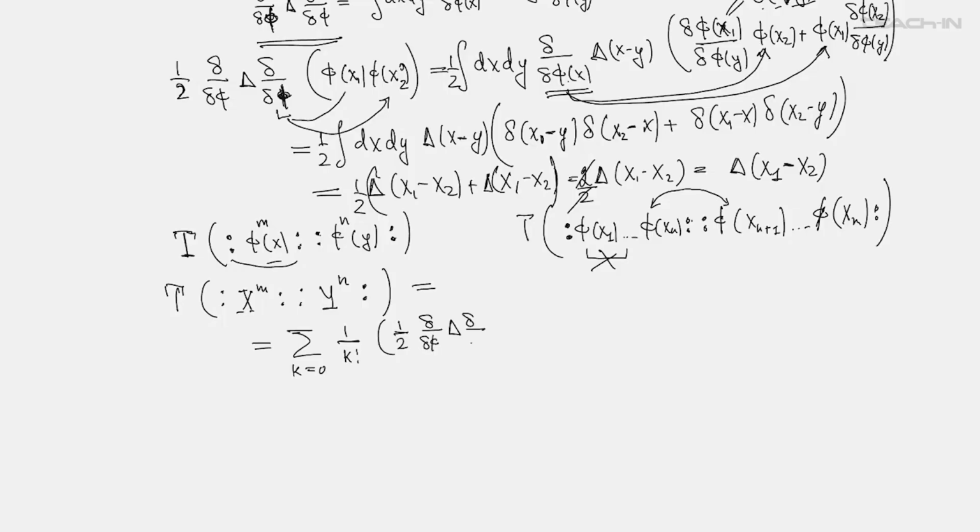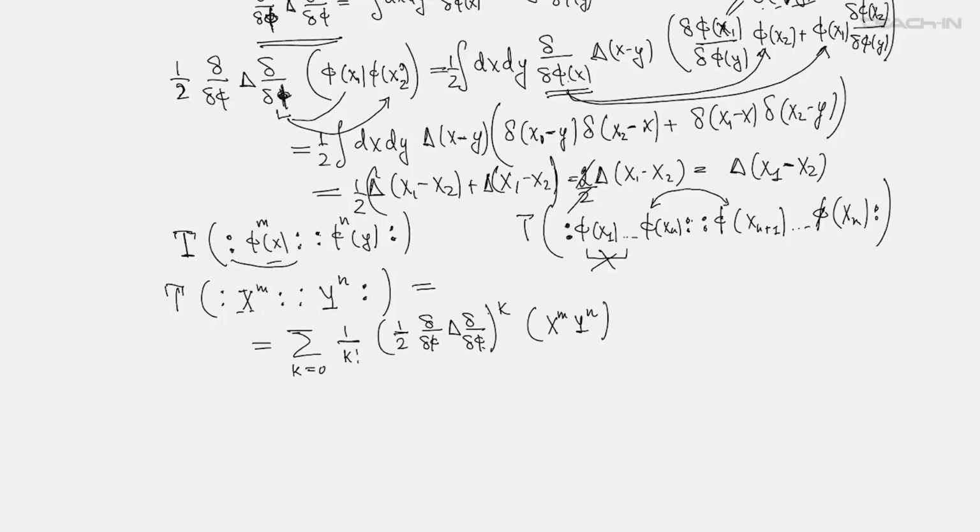And it's applied now to the classical product of these fields, X^m and Y^n. And I know that I don't need to apply this operator to two X's or to two Y's, because these fields are already under the sign of normal ordered product. So I need to apply it in such a way that one leg of this functional operator acts on X, and another leg of this functional operator acts on Y, right?